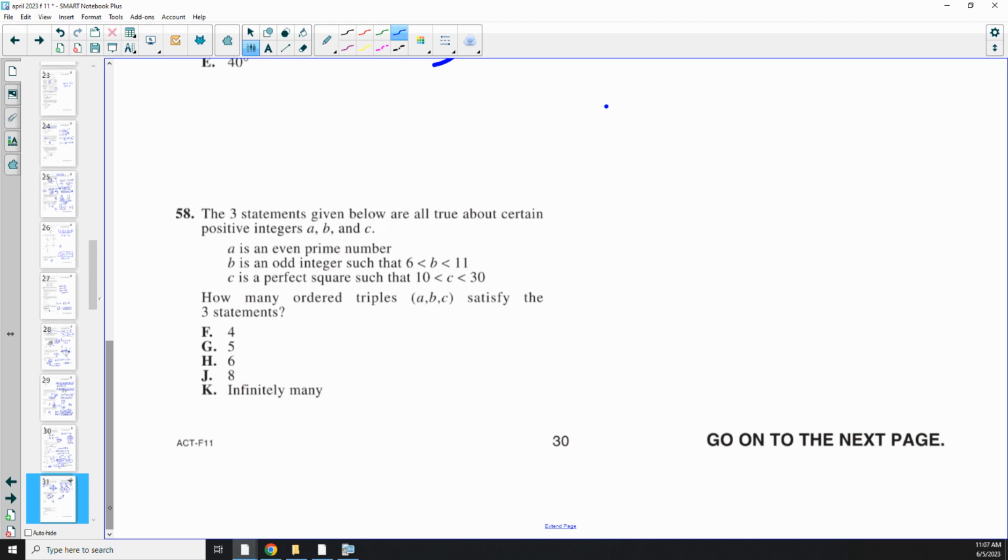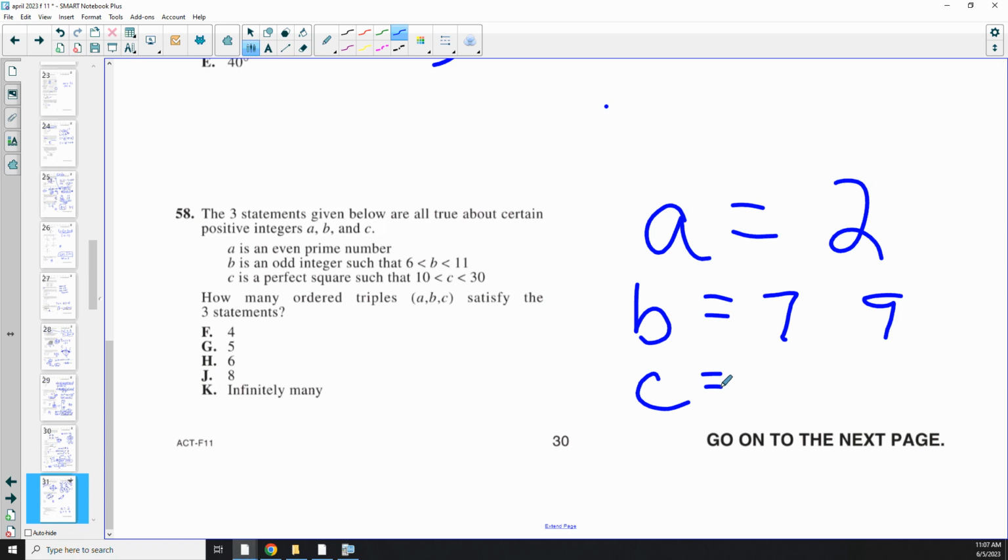So this is just counting numbers, basically. A is an even prime number, so A has to be 2. B is an odd integer between 6 and 11. And C has to be a perfect square. Well, who's a perfect square between there? 4 and 5. 6 squared would be 36, and 3 squared would be 9.